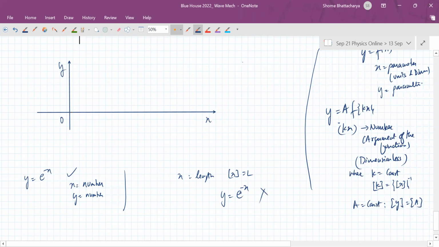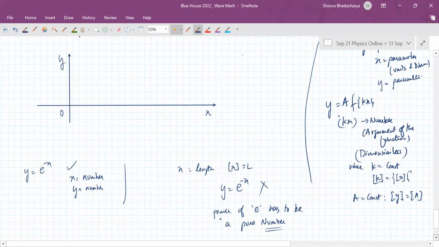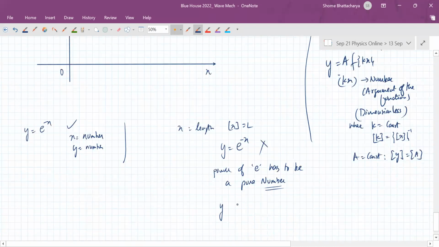Or at least there's a hidden one over here, because the power of e has to be a pure number. Otherwise, it doesn't make sense. So the equation should typically be written as y is equal to some constant into e raised power minus of some constant into x, where k into x is dimensionless.